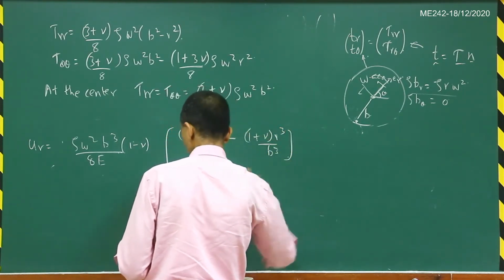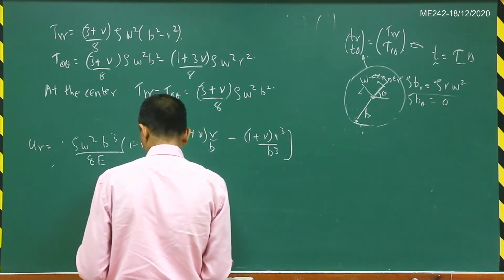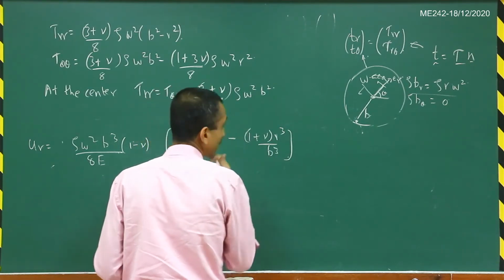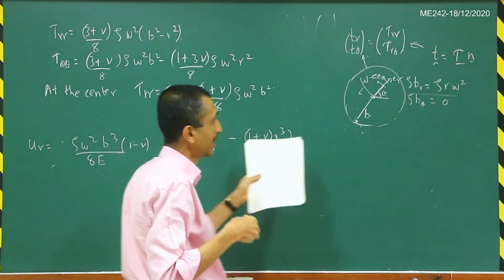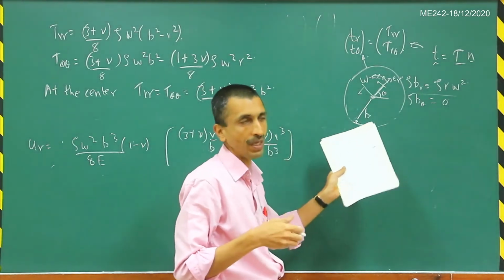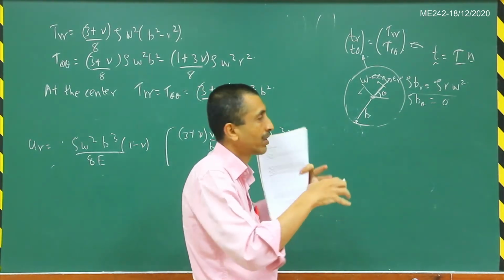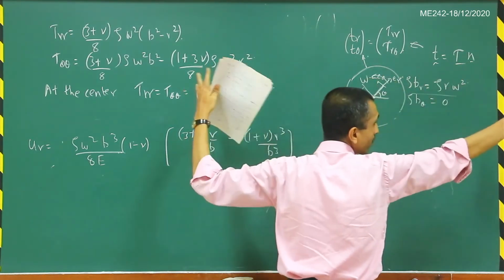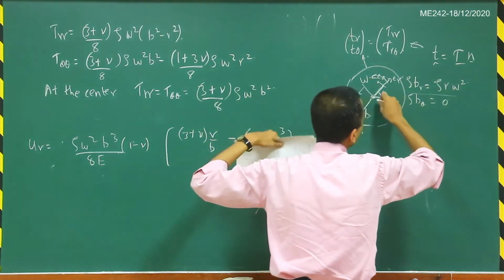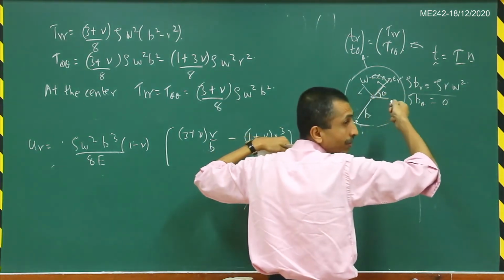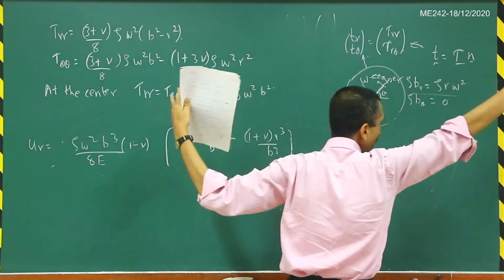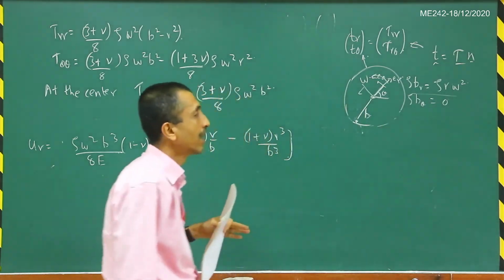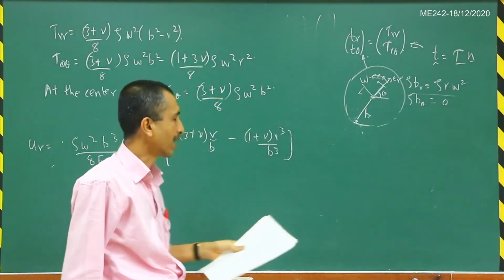So this is the expression for the displacement, and the maximum displacement obviously occurs at the outside boundary r equal to b, because you can imagine that the centrifugal force is trying to pull this apart, right? And so obviously at the center the displacement will be 0, and then as you move away the displacement keeps increasing until it is a maximum at r equal to b.